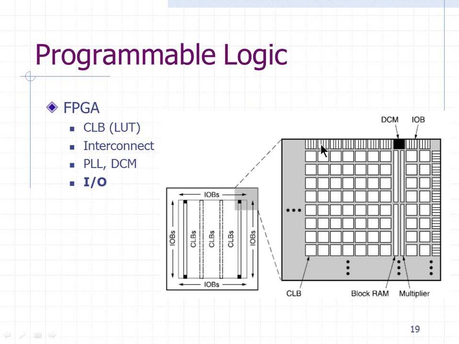We have some special IOs which are very high speed IOs, used for high speed communication with the server side in case it's required. There are special blocks inside the FPGA for memories which act as on-chip memory. And there are other special blocks used for special applications like multipliers, which are used for signal processing applications and other stuff. So there are some special blocks inside the FPGA.